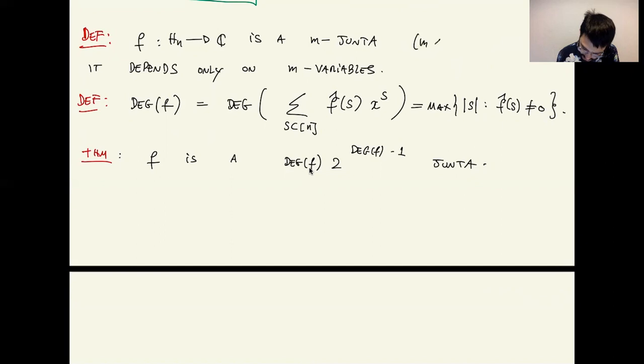So maybe I should keep it and then put the minimum between n and this quantity here, because whenever you go beyond n, it doesn't make sense. It could be the case that this thing here is bigger than n, and this term is not saying anything. However, if your degree is very small, then it means that you live in a subcube of the Hamming cube. You don't live in the whole cube. Your function only depends on the subcube.